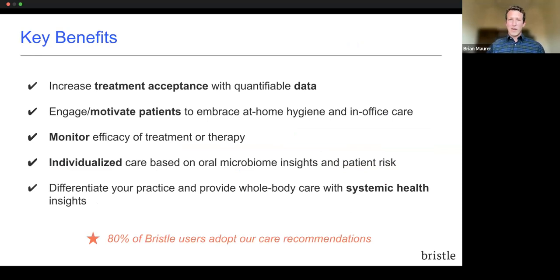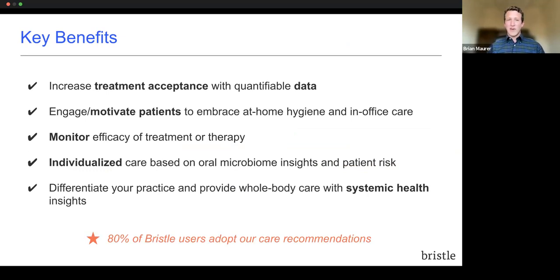And so in terms of key benefits of salivary testing and Bristle testing, one of them is increasing treatment acceptance with quantifiable data. So as patients, it can be difficult to understand why I should care about a 5 millimeter pocket or a 6 millimeter pocket or bleeding on probing. But when I see a quantifiable report, it can be a lot more motivating to understand that I'm in the red of gum inflammation, and I can see that I have bacteria that are associated with pretty nasty things, both in the mouth and around the body.